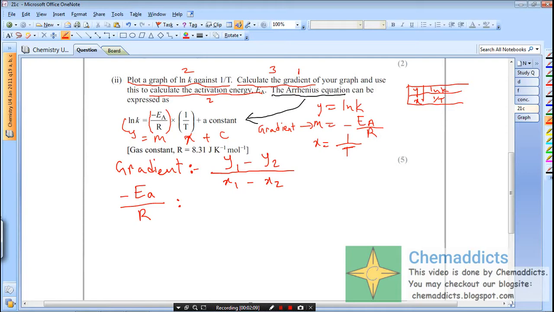At first let us find two coordinates, y1 and y2, and the corresponding x values.